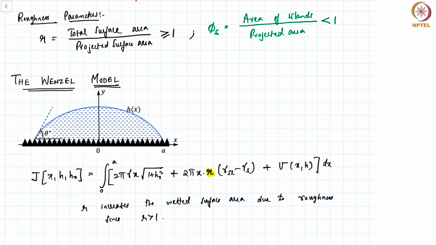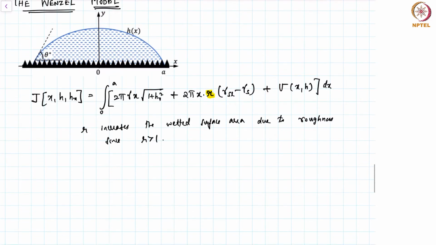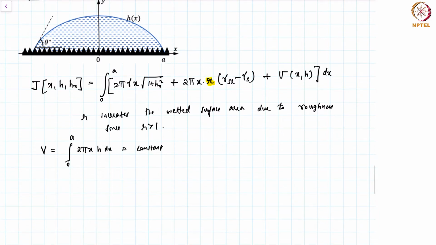And if we continue this analysis, we can again impose the same volume constraint. The volume constraint would be the integral from 0 to a of 2 pi x h dx is constant, and we now have J, which is a function of x, h and hx, simply going to be an integral of this quantity from 0 to a of f.